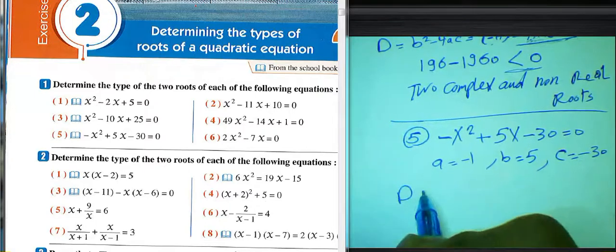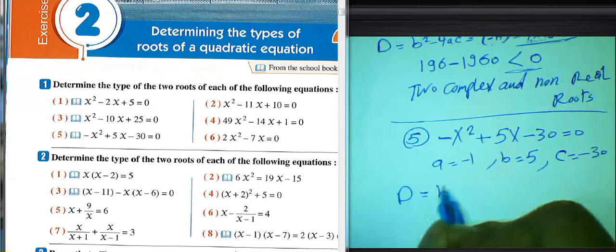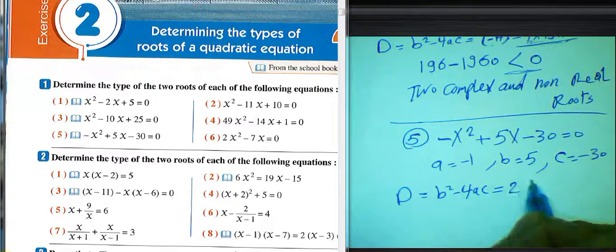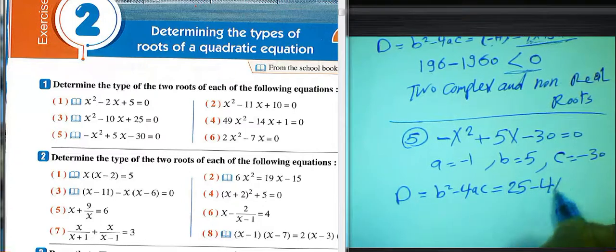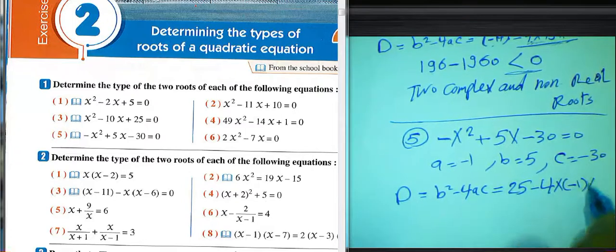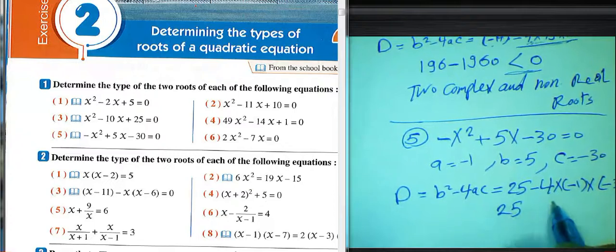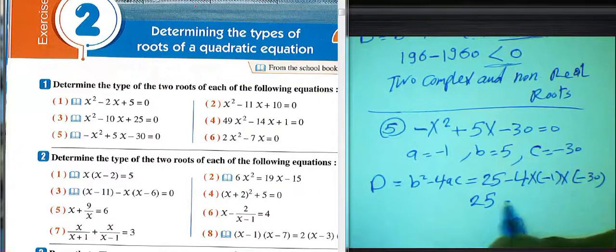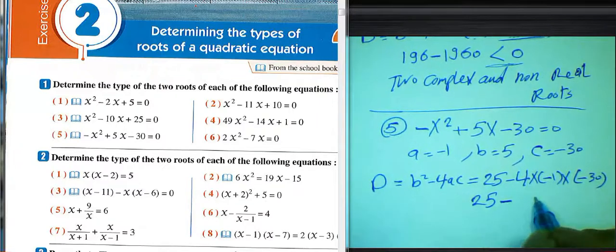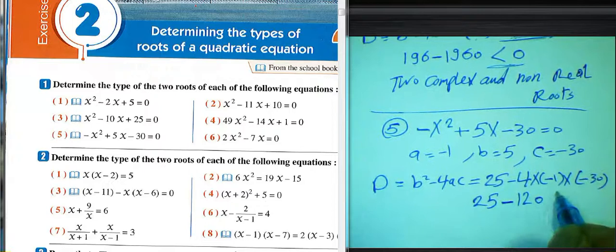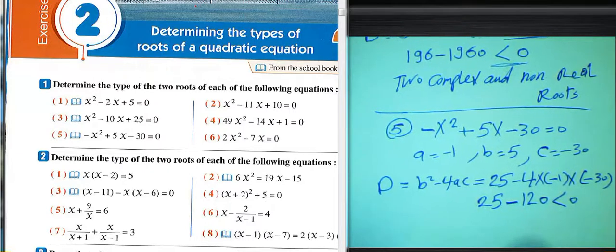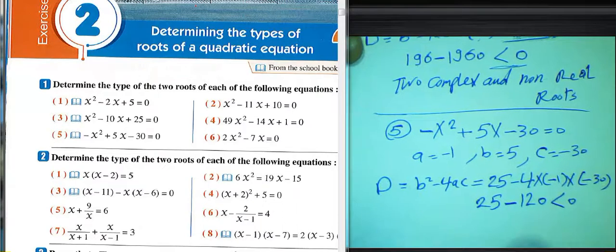So the discriminant equals b power 2 subtract 4ac. b power 2 equals 25. Subtract 4 multiply by a multiply by c. Negative times negative is positive, positive times negative equals negative. 4 times 30 equals 120. So the result will be a number less than 0. So we have two complex and non-real roots.